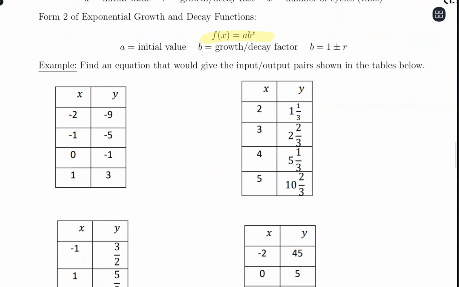Okay, so what we want to do here is find an equation that would give the input and output pair shown in the table below. And with that, what we're going to do is evaluate how x and y are changing together. So mixed in here, there's linear and exponential, so we want to be able to tell the difference between those.